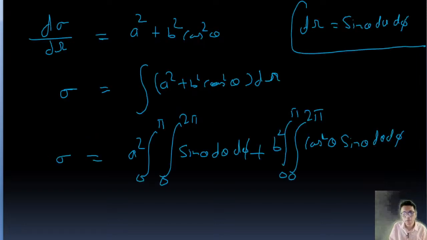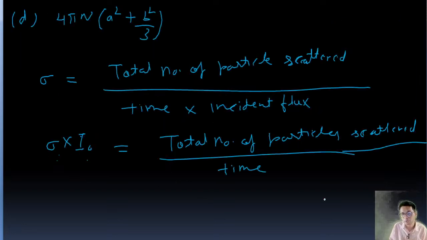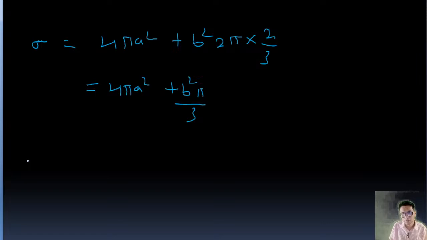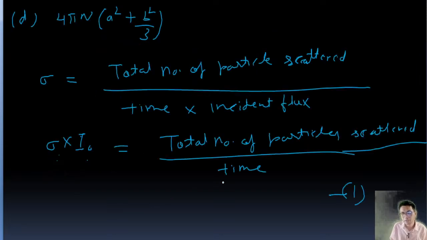So from this equation 1, the total number of particles scattered per unit time, suppose I call it n dash, is going to be sigma into I naught.